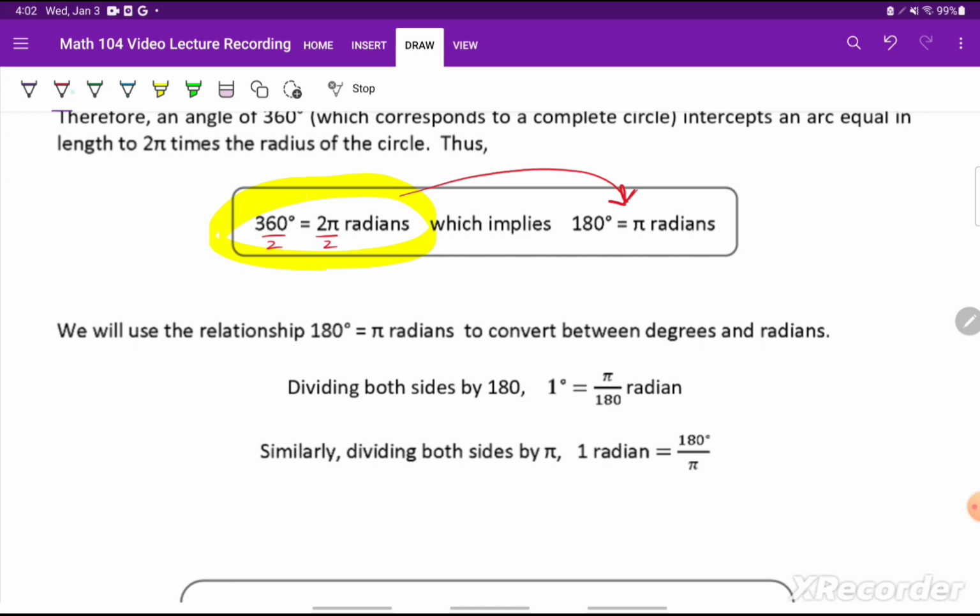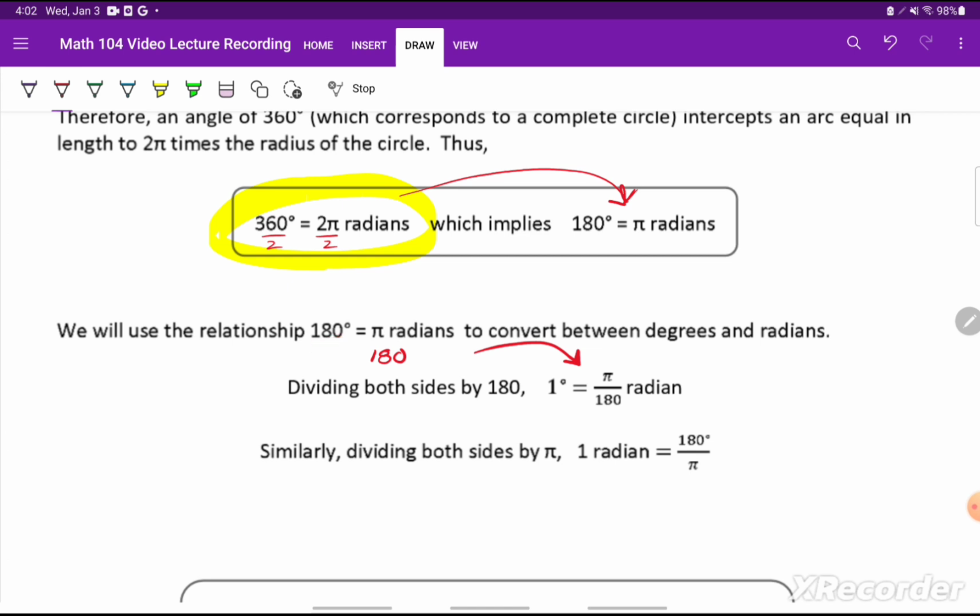See, I could take this equation, 180 degrees equals pi radians, and divide both sides by 180. And that brings us to the statement that 1 degree would be equal to pi divided by 180 radians.